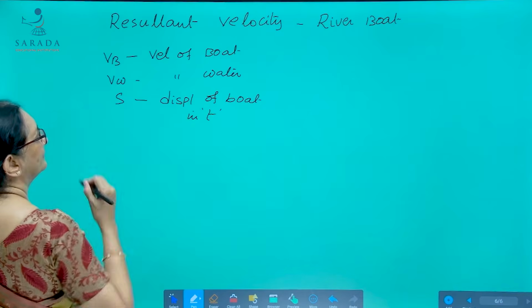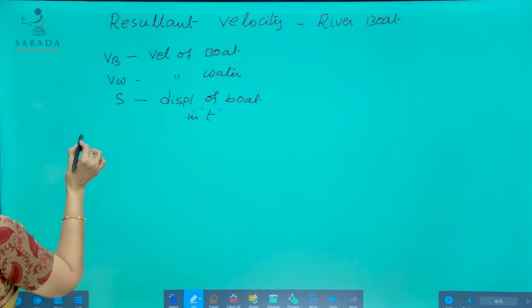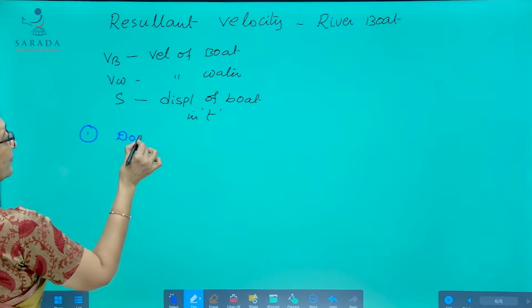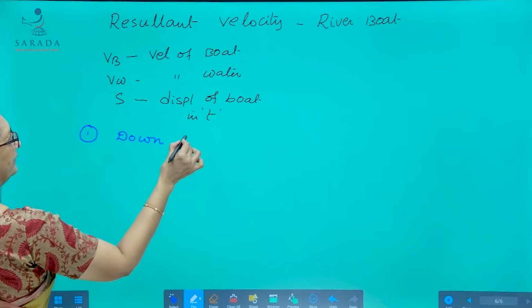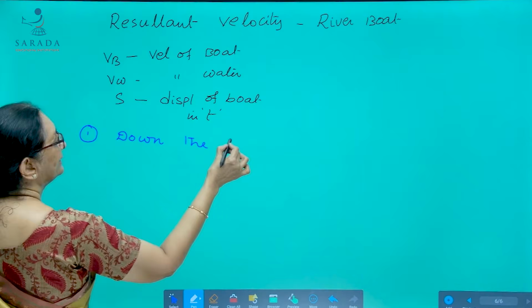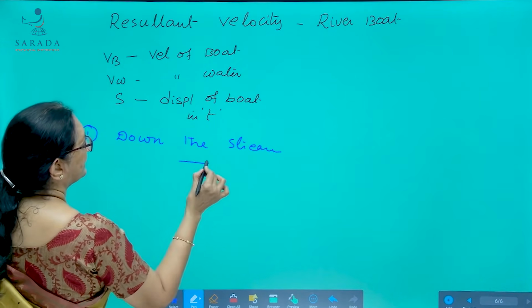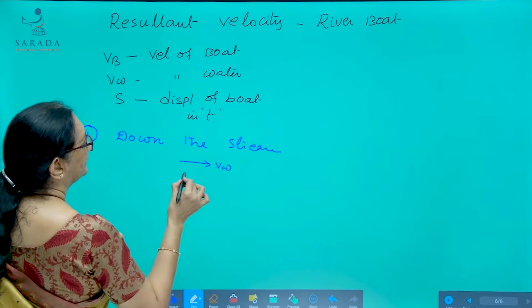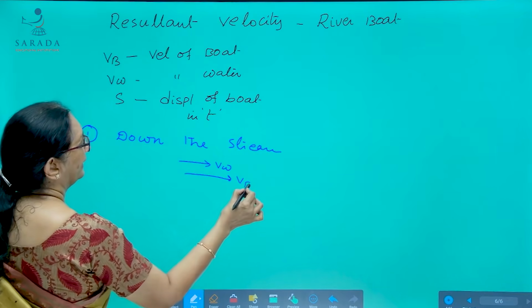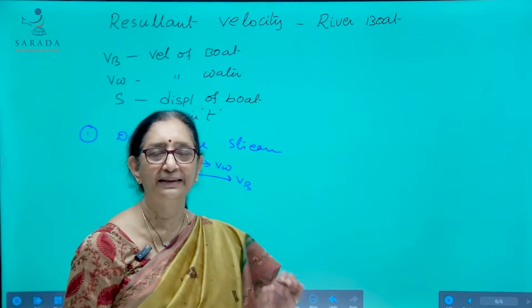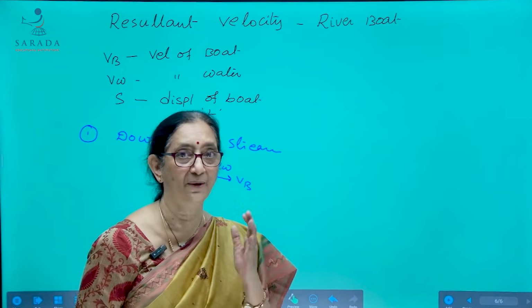Now, the first case is if the boat is moving down the stream. That is, this is water velocity, this is boat velocity. If both of them are in the same direction, then we say boat is moving down the stream.